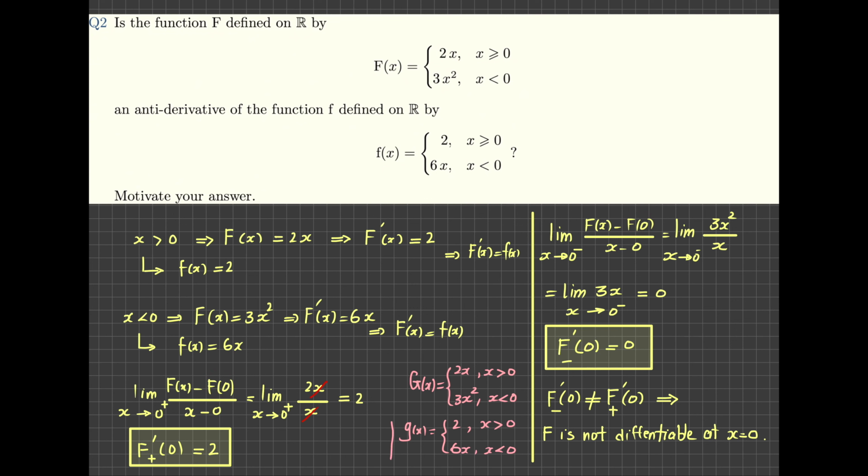So if I had given you these two functions from the beginning, defined not on R, but on R minus the single element 0, then capital G of x defined on this set is a primitive function, or an antiderivative, of little g of x defined on this set.